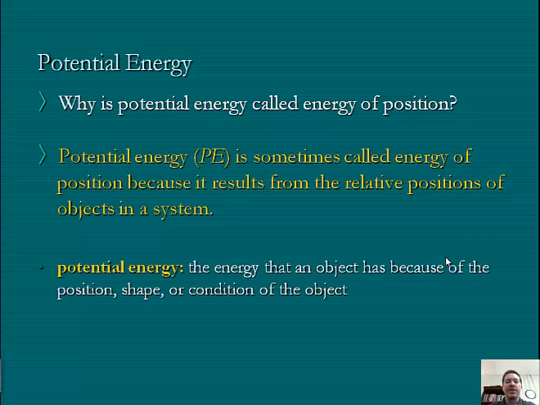So we can define potential energy, the energy that an object has because of position, shape, or condition of the object. So another note here, if we talk about shape, if we take a rubber band and stretch it out, well, it doesn't matter how high I hold it or how low I hold it, but because I've stretched it out, I've given it a lot more potential energy than when it was relaxed.